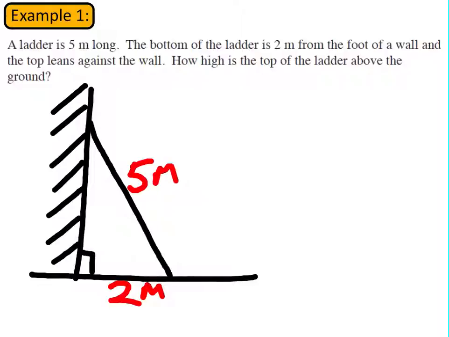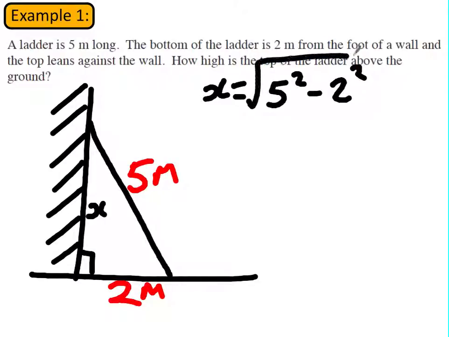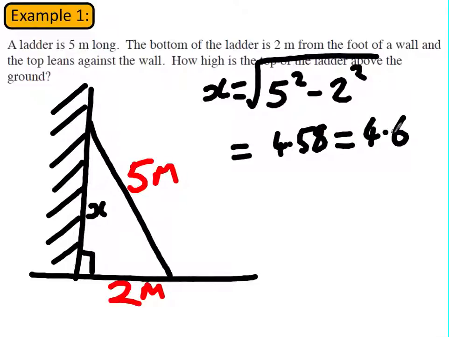If we call the value we're trying to find x, x is going to be 5 squared, take away 2 squared, square rooted. You should know that already by this stage. And of course, the answer is 4.58. So I suppose we should round to 1 decimal place. The answer is 4.6 meters.